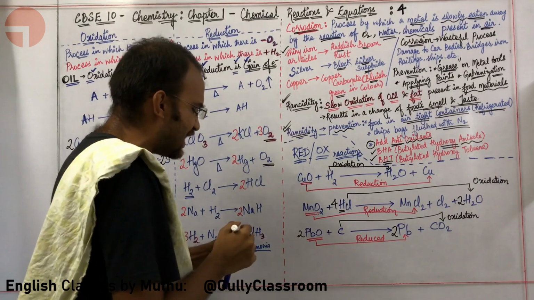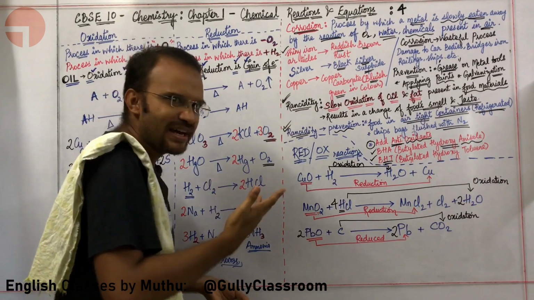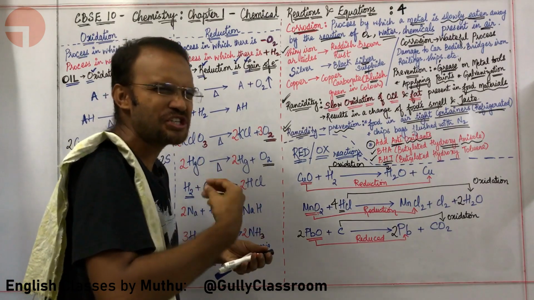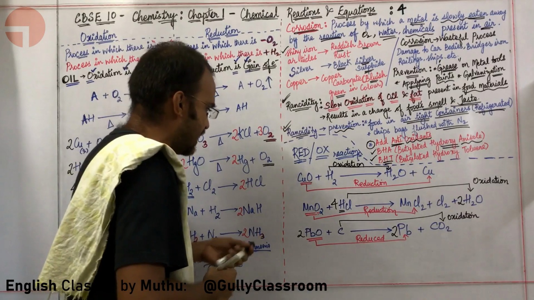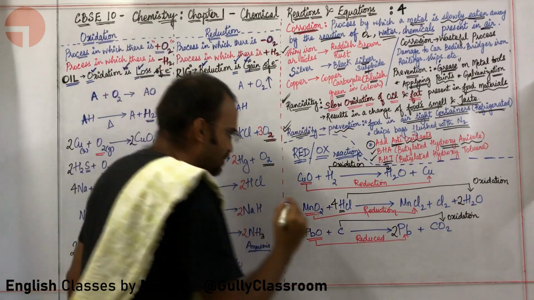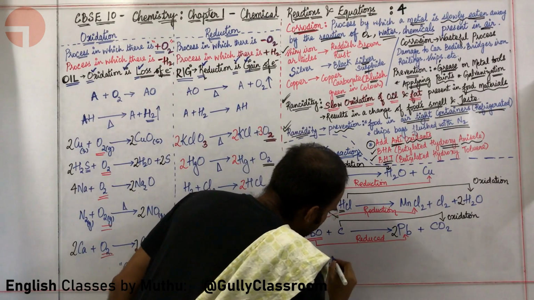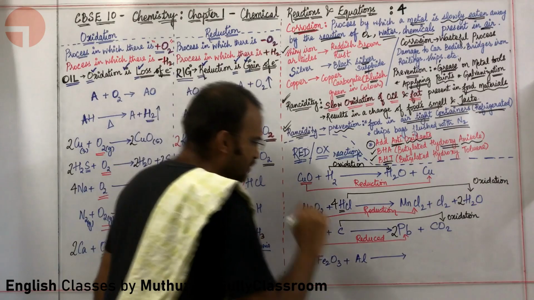Okay sir, for the last example, give an interesting reaction, a reaction about which you can give us some interesting theory, some interesting practical purpose. Okay, let me give you an interesting reaction. A very good interesting reaction is Fe2O3 plus Al. What will happen?